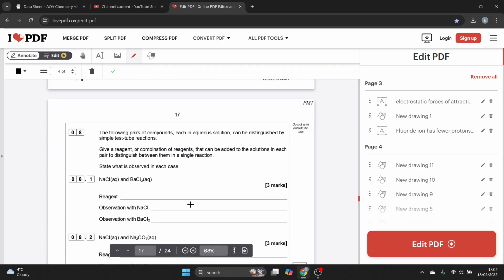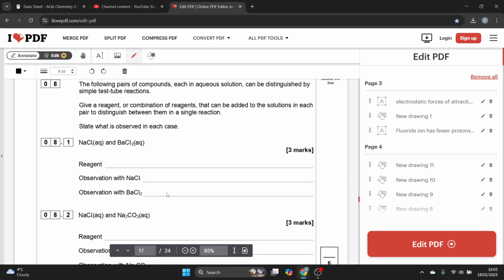Question 8. The following pairs of compounds, each in aqueous solutions, can be distinguished by simple test tube reactions. Give a reagent or combination of reagents that can be added to the solutions in each pair to distinguish between them in a single reaction. State what is observed in each case. Sodium chloride and barium chloride.